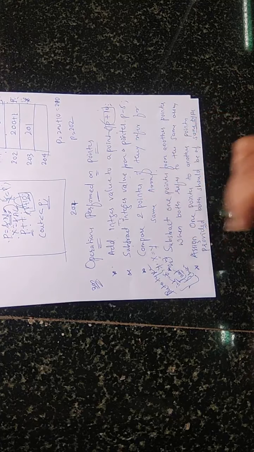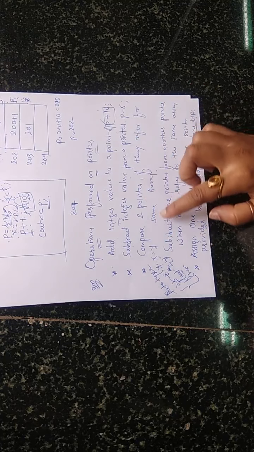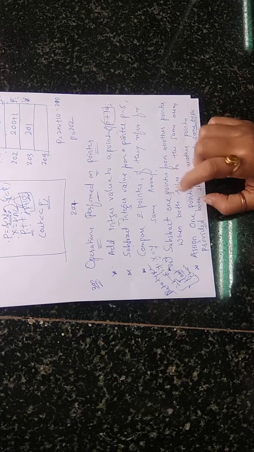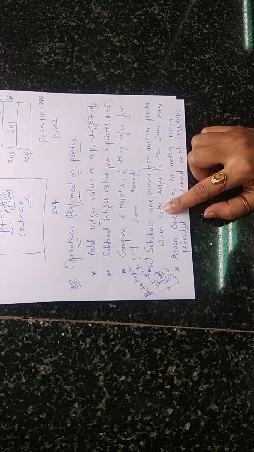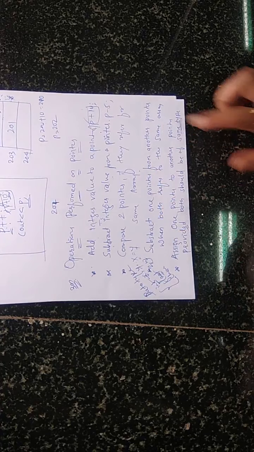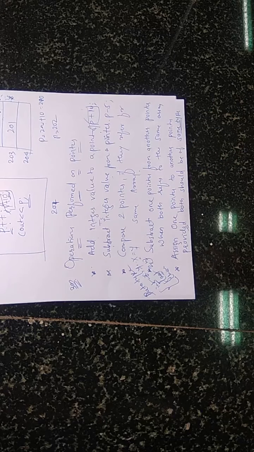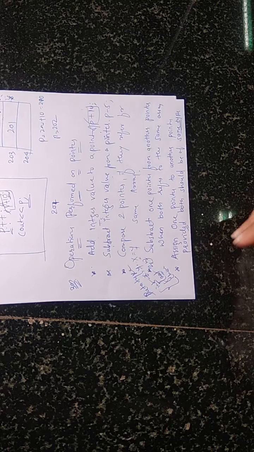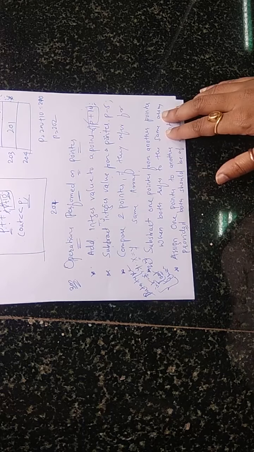You can compare 2 pointers if they are referring to the same array. That is possible. The fourth one is you can subtract 2 pointers when both are referring to the same array, that is, subtract one pointer value from another.